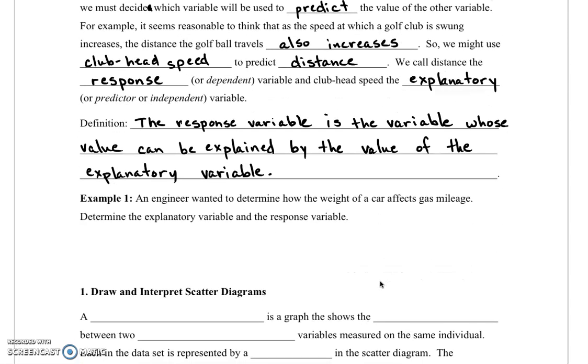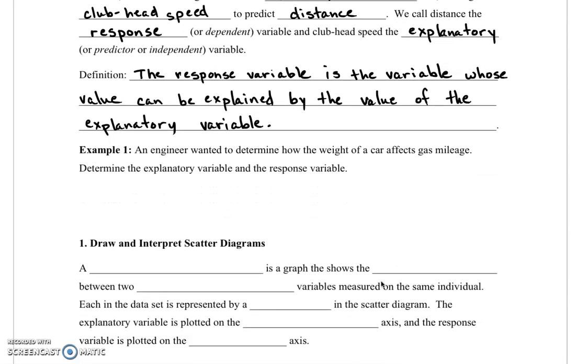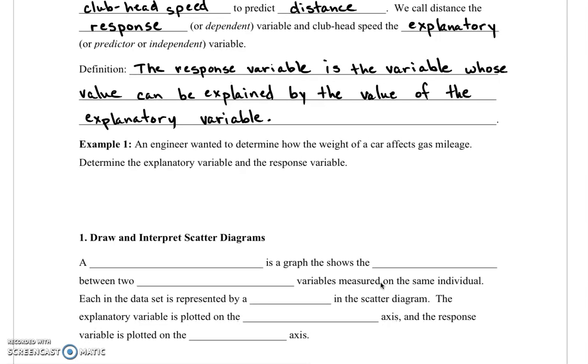For example, an engineer wanted to determine how the weight of a car affects gas mileage. Determine the explanatory variable and the response variable.